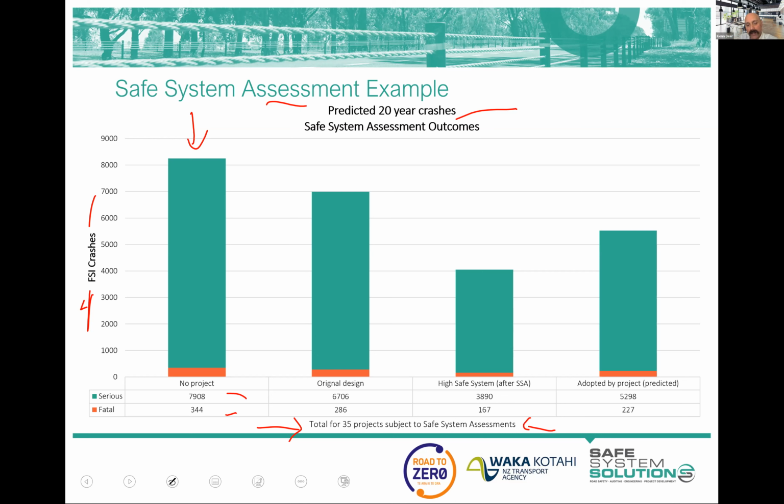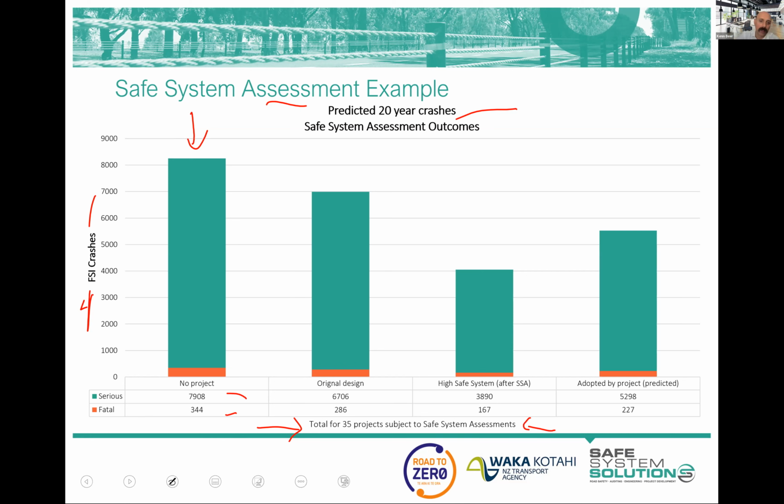Then it was looked at the original designs that were produced by the big design houses and big design consultancies, what was called the original designs, and they were usually about a reference design level. So it's almost a functional design, and we're talking about 6,700 serious injuries and 286 fatalities.